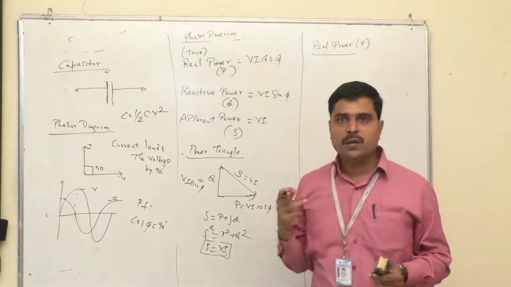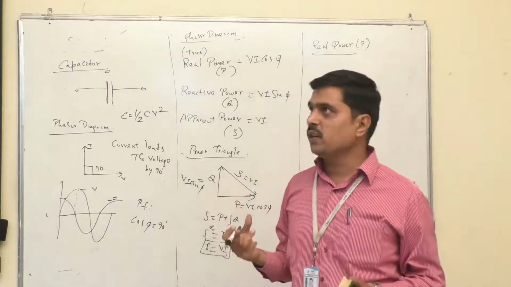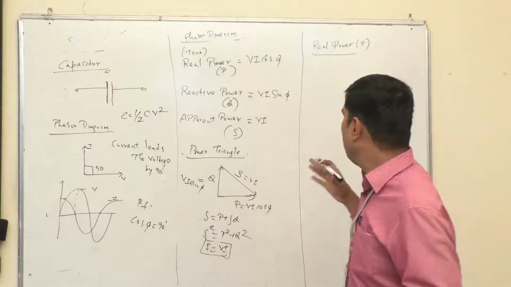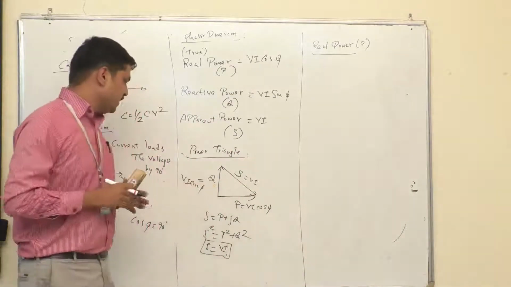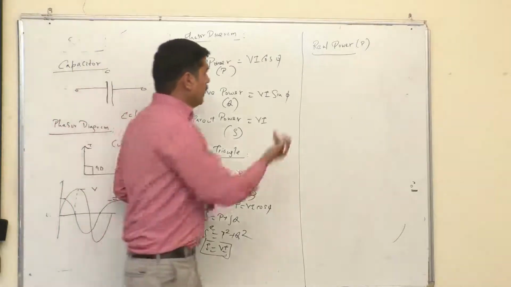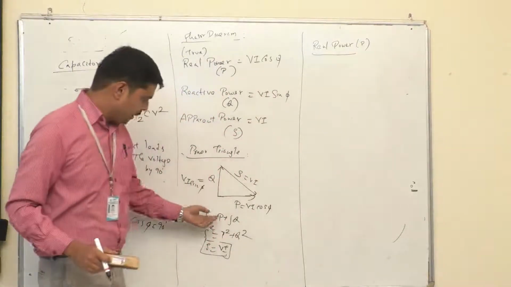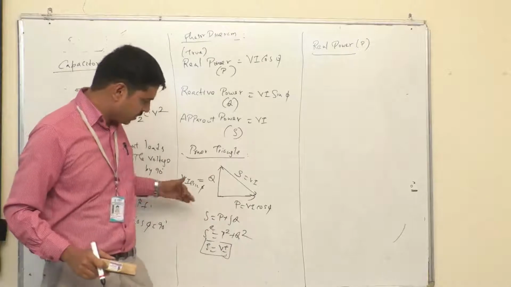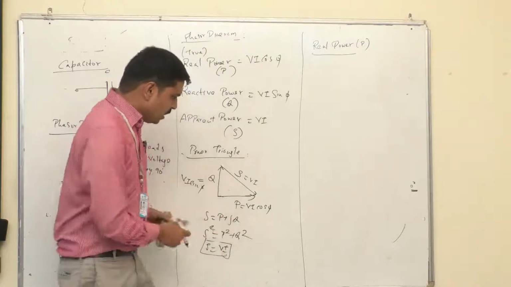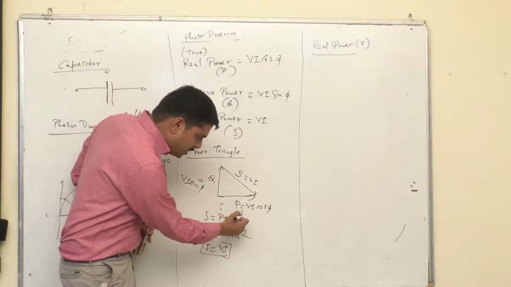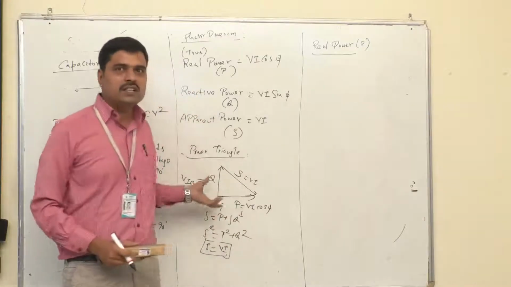Real power means the utilization, what you are actually utilizing in homes. That power is real power. We can take one example: P plus Q gives S. S is the sun, P is the prince, and Q is the queen. The prince earns money, the queen spends money, and based upon the economy, the sun is growing.